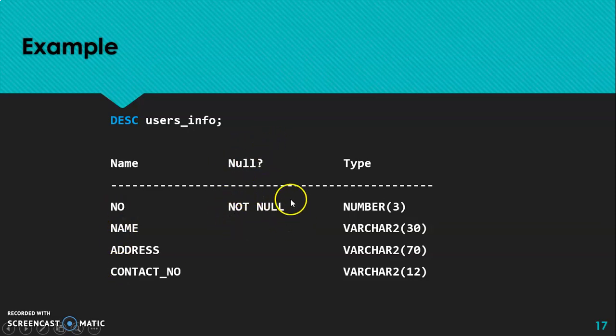Now it specifies this is not null. Here I have not specified, but by default it is null. Type, it is number of size 3, means 3-digit number. Name, varchar up to 30 characters. Address, varchar up to 70 characters. Contact number up to 12 characters. So this is the information that I get when I describe a table.